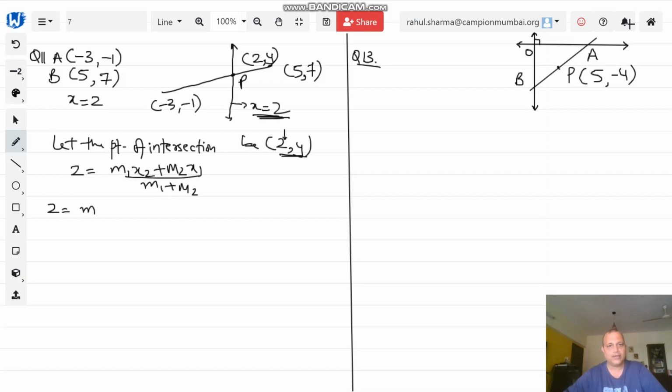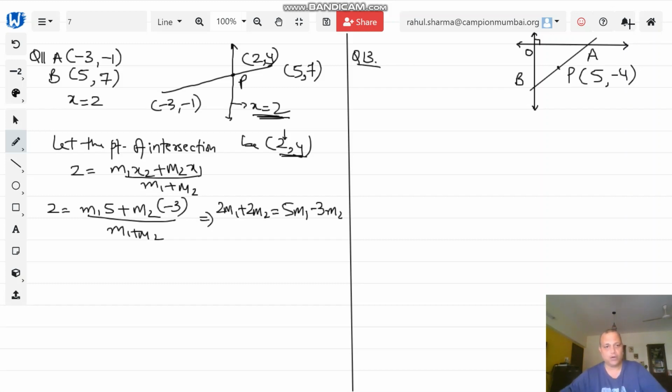M1 we don't know, x2 in this case is 5, so this is m1 times 5 plus m2, which we don't know, and x1 is negative 3, upon m1 plus m2, which we don't know. Let's cross multiply. So 2m1 plus 2m2 is equal to 5m1 minus 3m2.